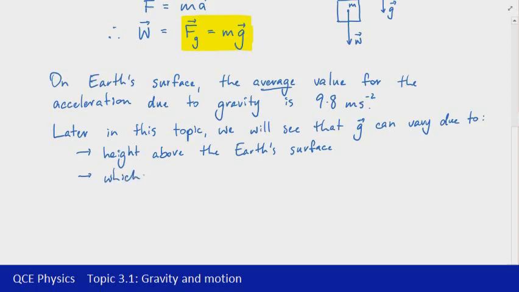So it could be a planet or moon or even stars. So the value of g, while we do take it to be 9.8 meters per second squared, that value is specific to being on the surface of the Earth.